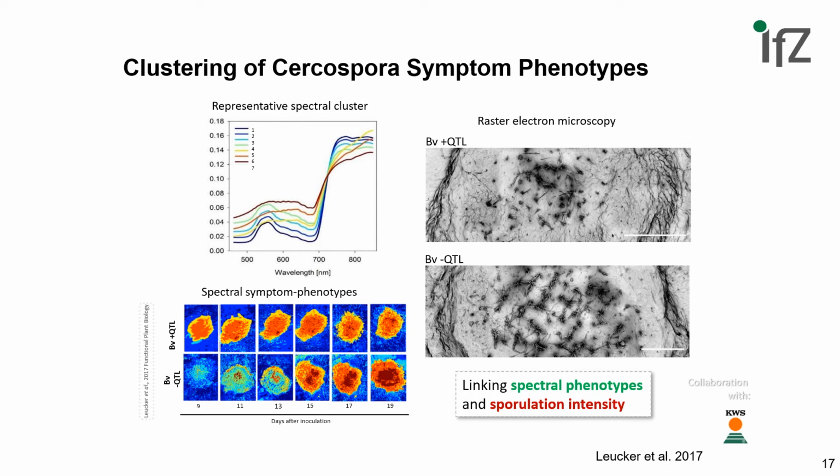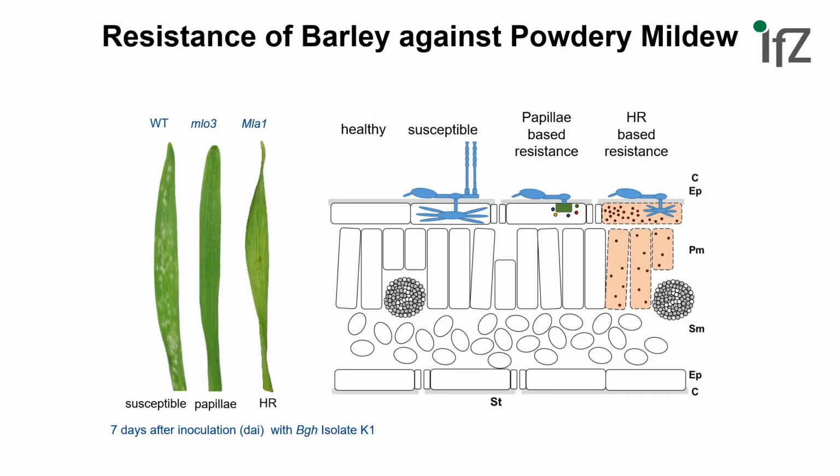So this was a very interesting hint that these genotypes have a lower sporulation, and a lower sporulation means that we have a lower disease pressure during the vegetation period, which is very positive for the epidemiological development of a plant disease.